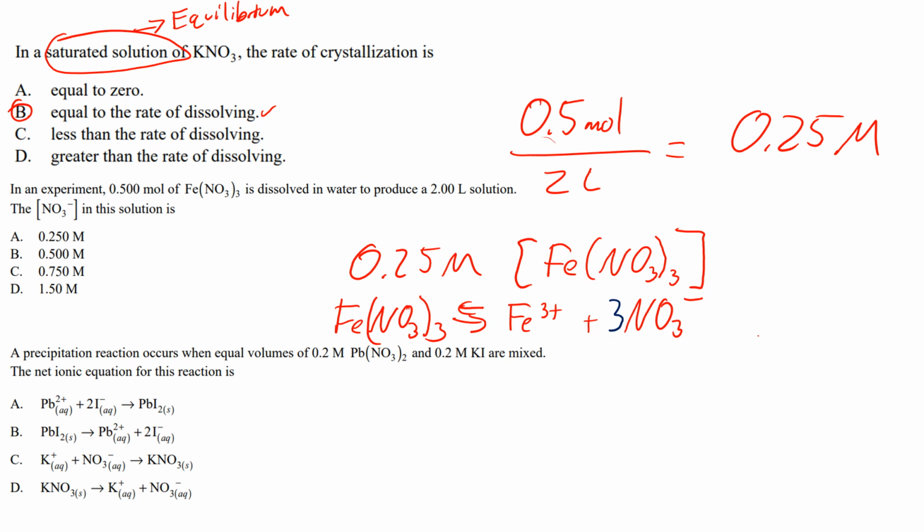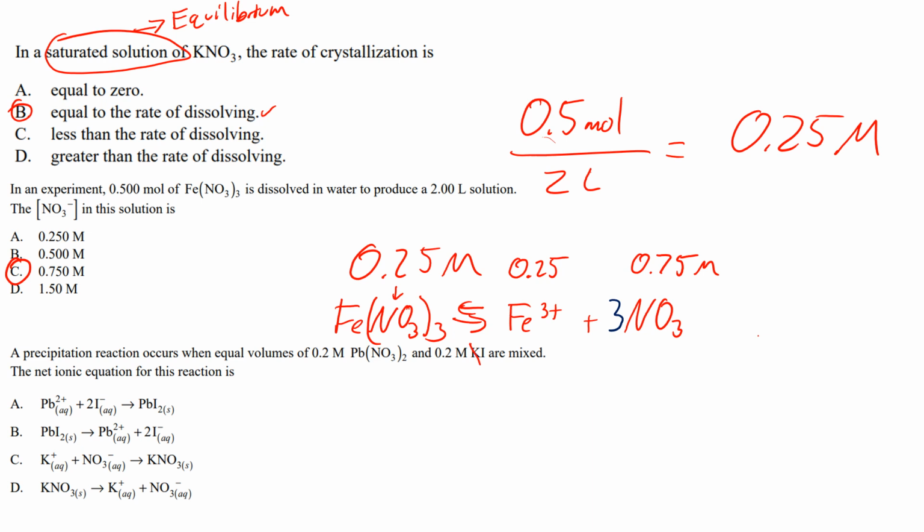So this concentration will be 0.25, this concentration will be 0.25, and this concentration will be 0.25 times 3, which is 0.75.